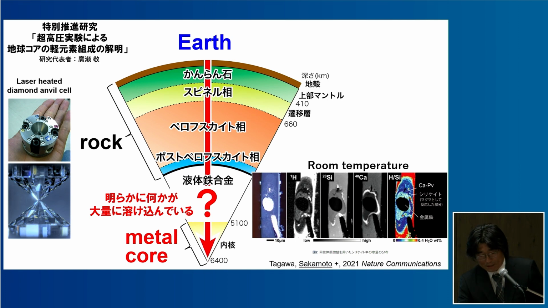But in order to measure the experimental sample after high pressure and very high temperature, when we open this device, everything is at 1 atmosphere and room temperature. So all elements are distributed.